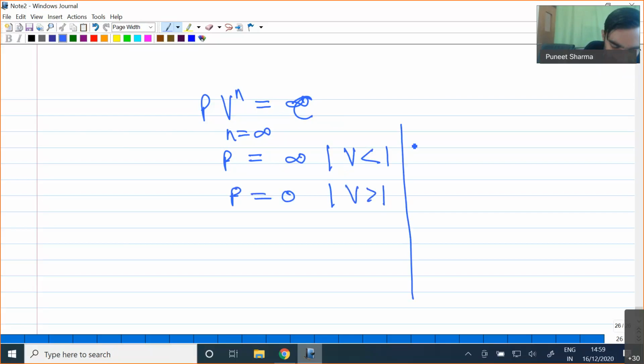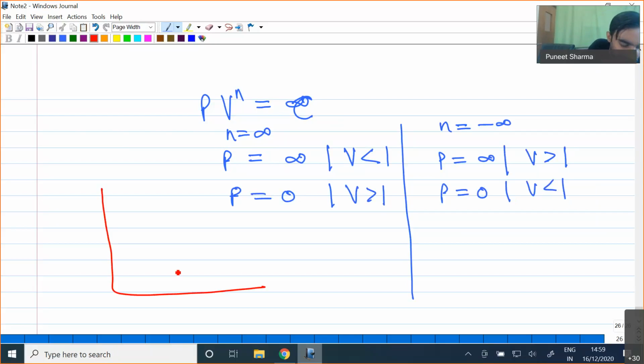And at the same point of time, if I take n equal to minus infinity, the situation will be different. Pressure will be infinity for volume greater than 1, and pressure will be 0 for volume less than 1. So that's why, when I am plotting it on the PV diagram, this vertical line I am showing corresponds to n equal to plus minus infinity.